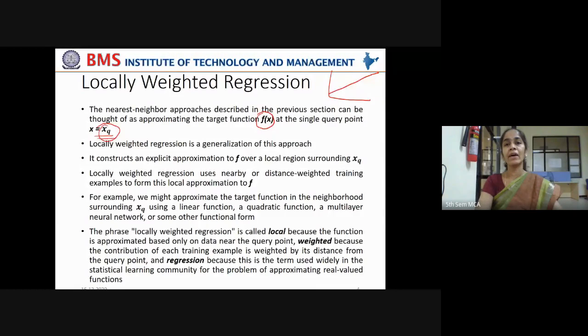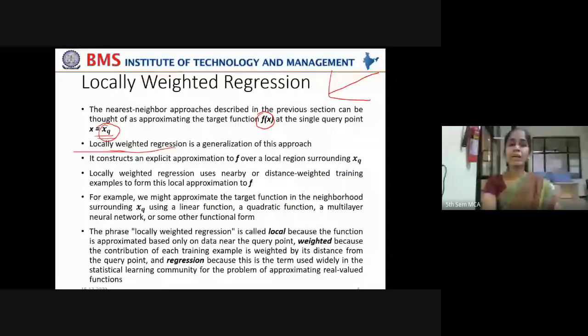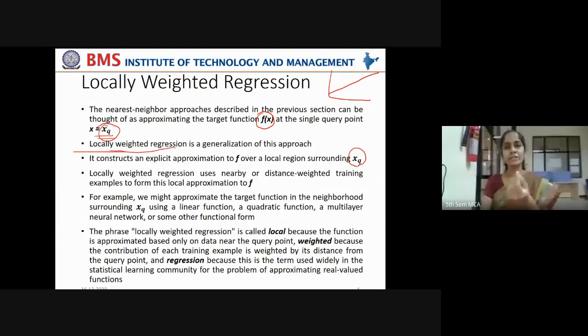In that case we call it locally weighted regression. Now it constructs an explicit approximation to f over a local region surrounding x_q. Now we are taking a local region, say this is your data point, you take a local region surrounding this x_q in order to perform this approximation to the target function f.